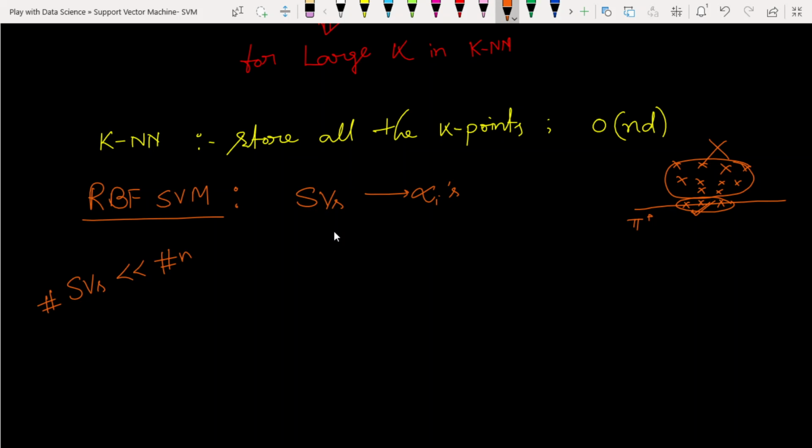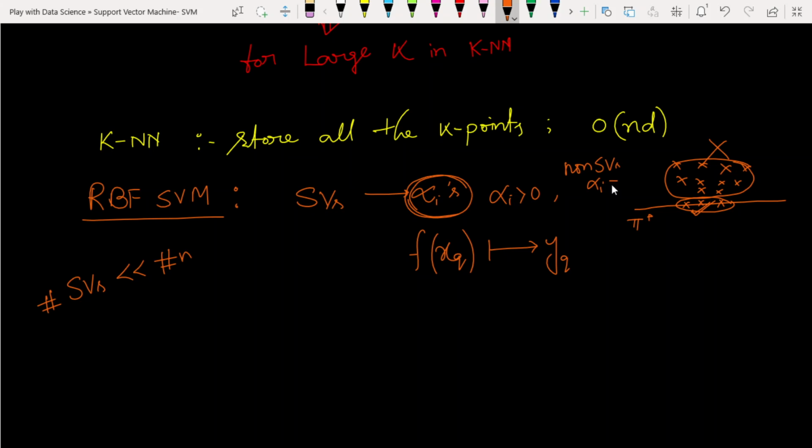Because of this reason, RBF SVM is so important. And remember, in the dual problem we discussed how to use a query point to calculate our y_q. It depends on the value of alpha, and we saw that for support vectors alpha is greater than 0, and for non-support vectors alpha equals 0.